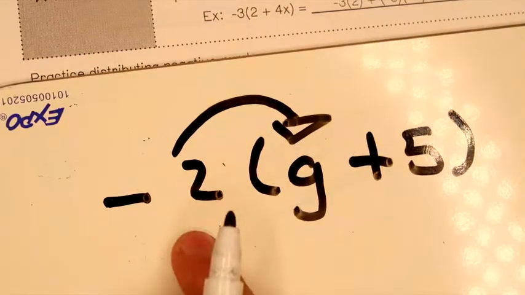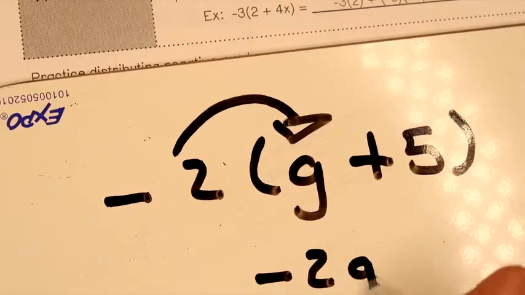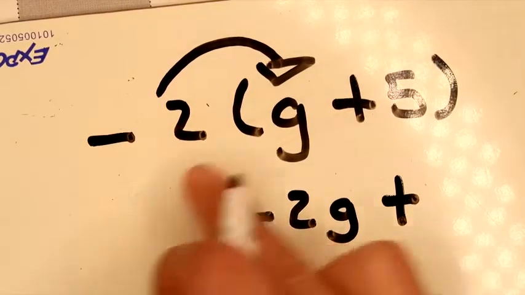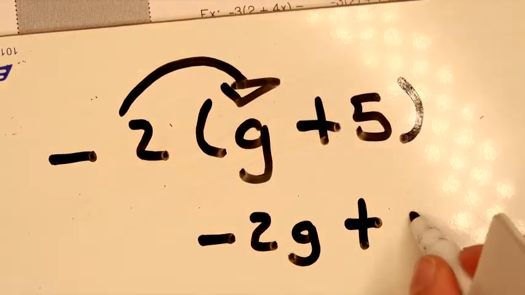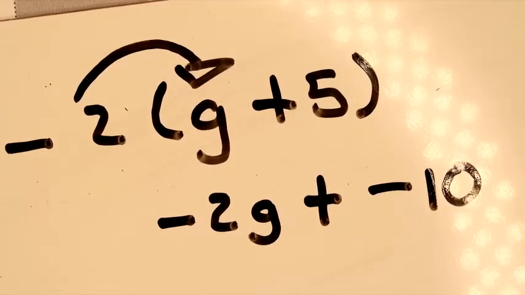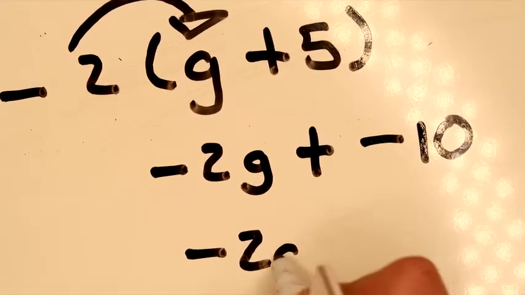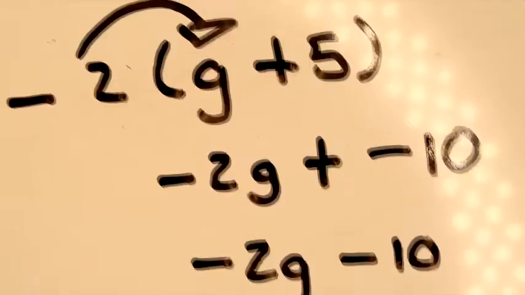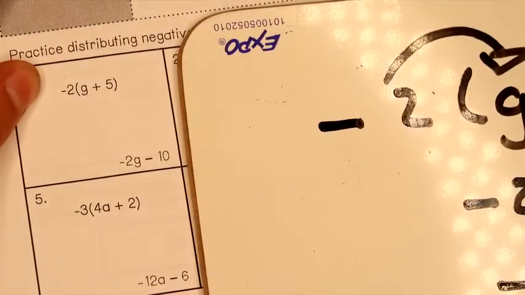So negative 2 times 1g is going to be negative 2g, plus negative 2 times positive 5 is going to be negative 10. Now we simplify it by making this negative 2g minus 10. And as you can see, that's our first answer.